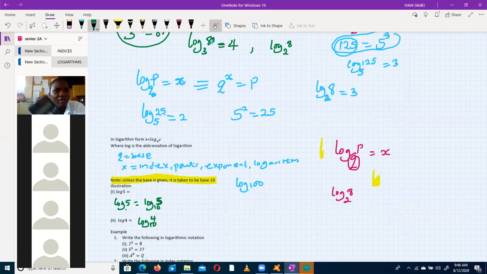That log on the calculator is in base 10 already. It is already in a decimal base, so it is not in any other base. You can't use it to find log base 3. You can't use it to find log of base 2. It is always in base 10. So when I press log like this, I'm looking for the log of 100. I'll simply say log, then put 100, and I'll see something like this.